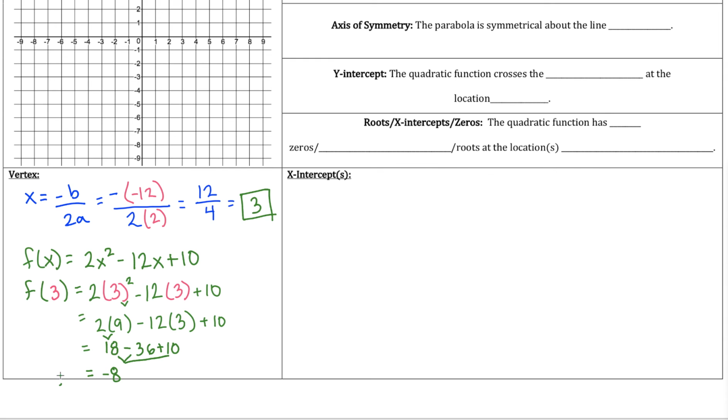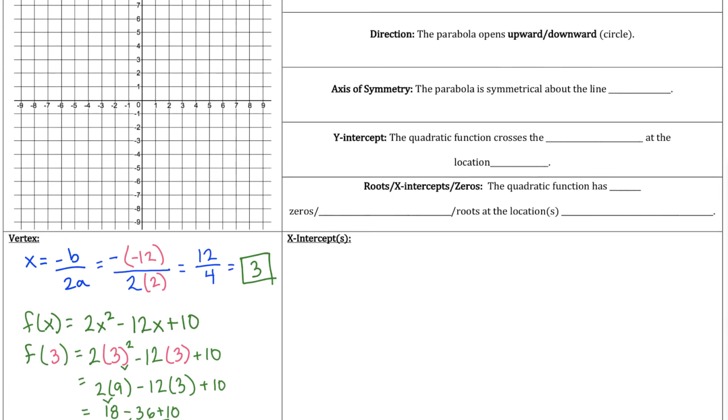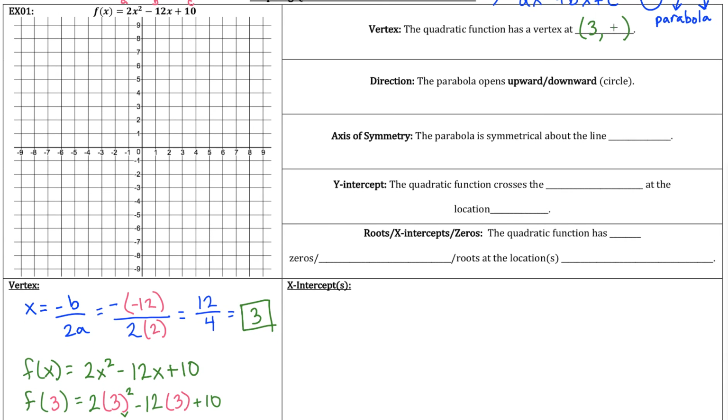And let's just bring down this f of 3. So that means my vertex is at 3, comma, negative 8. All right, not too bad.